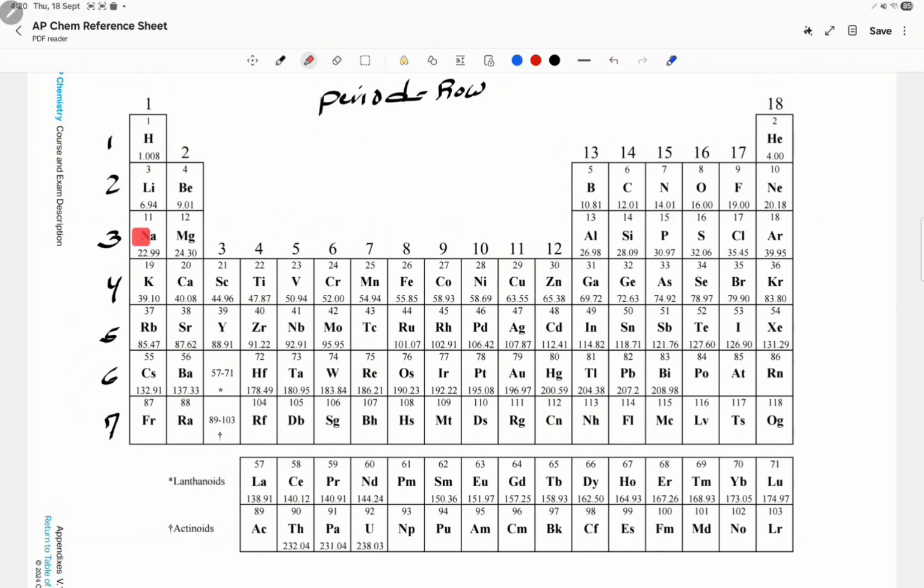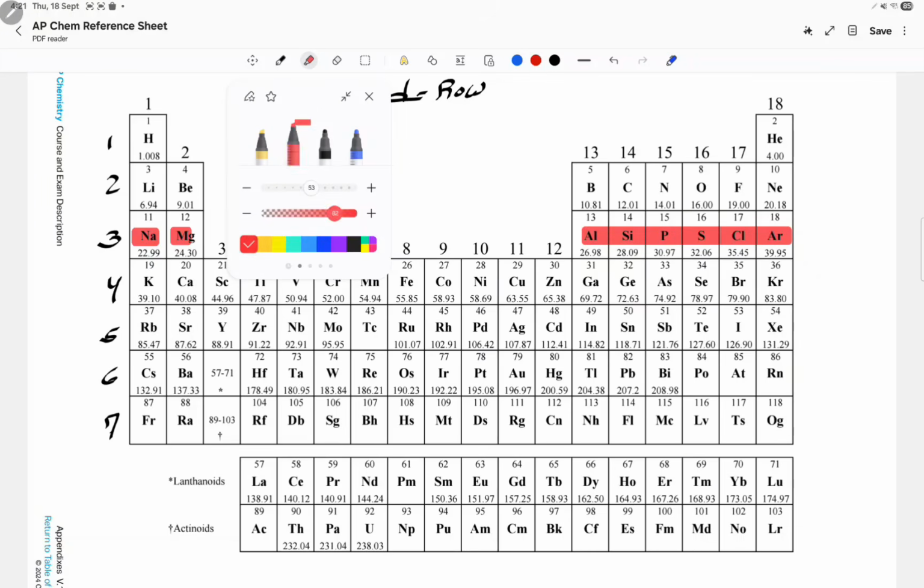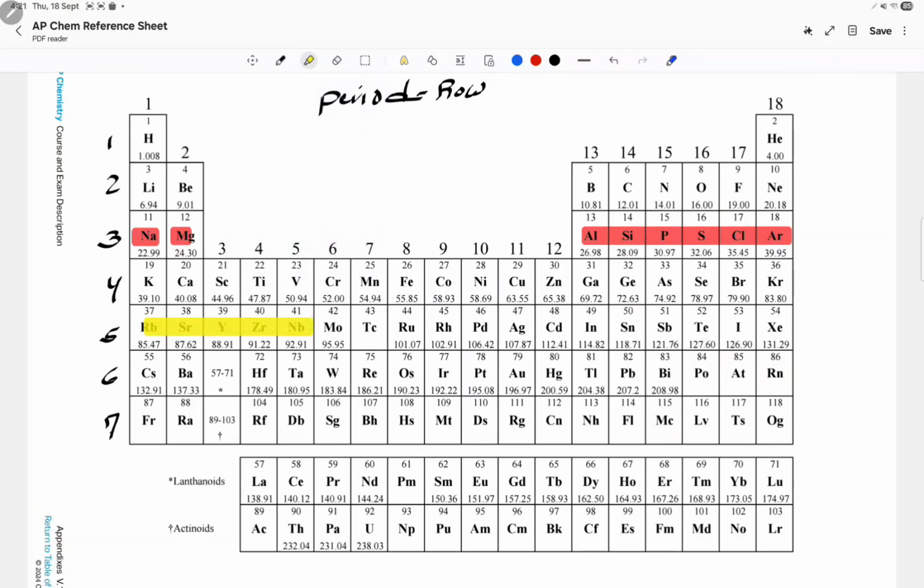Sodium would have 3 shells, Mg would have 3 shells, all of period 3 would have 3 shells. But if I go to period 5, they would all have 5 shells. So essentially the size of the atom will increase as we go down. Good. Okay, let's tell more things about the periodic table.